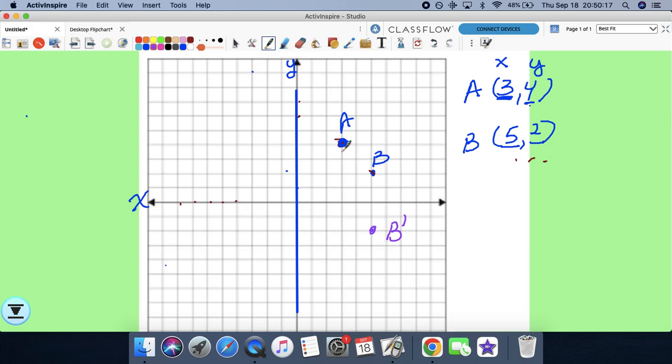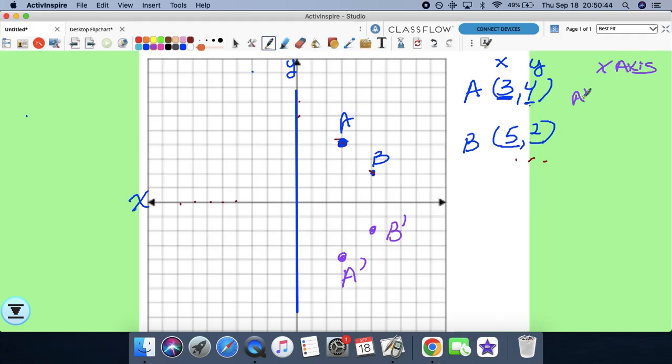And where's A prime? It's 1, 2, 3, 4, so it would be 1, 2, 3, 4. So the rule over the x-axis is a little bit different.